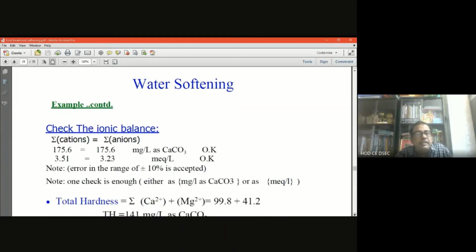Now we are discussing the problems. Let us see, the cations total is 175.6.